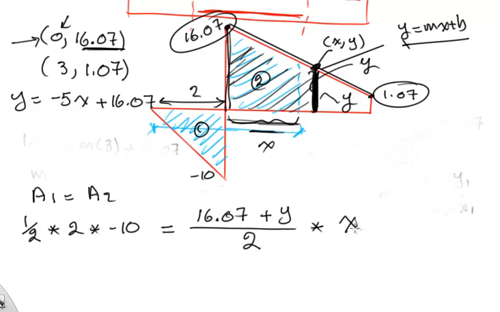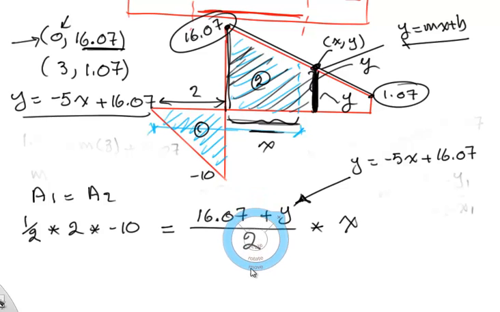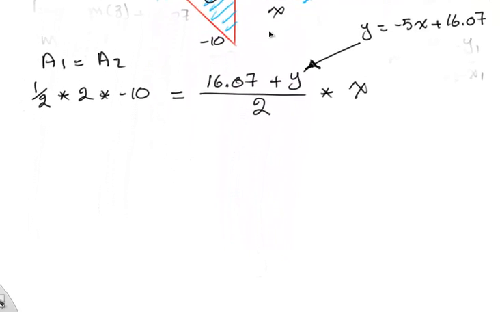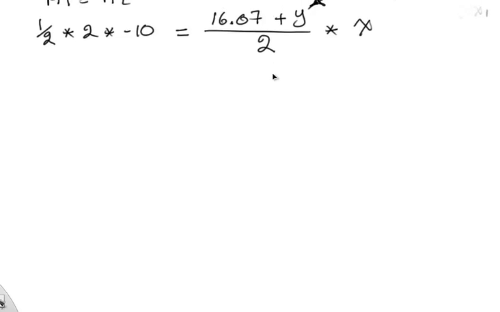Now I have y and x in this equation, but I know how to represent y in terms of x using this equation, because y equals minus 5x plus 16.07. So what I need to do now is just to rewrite this equation knowing the following.